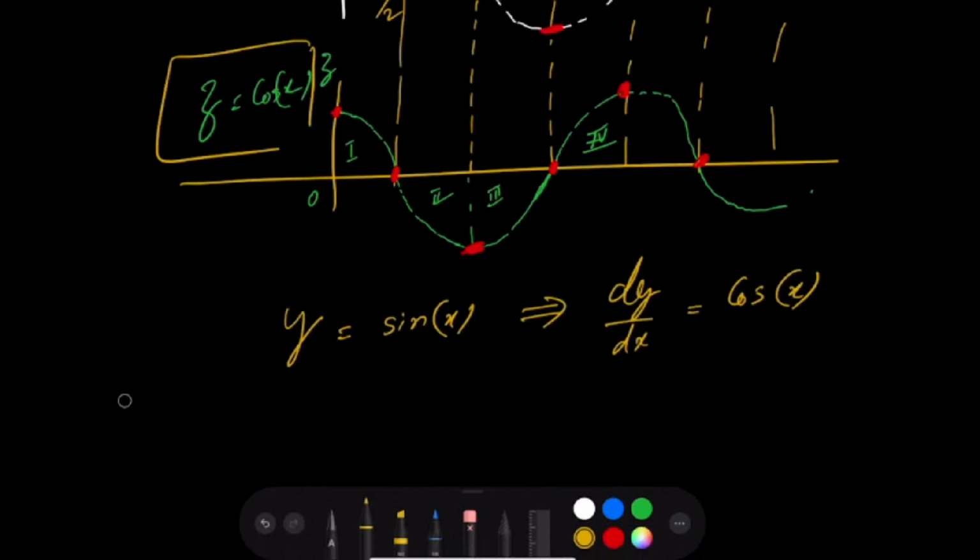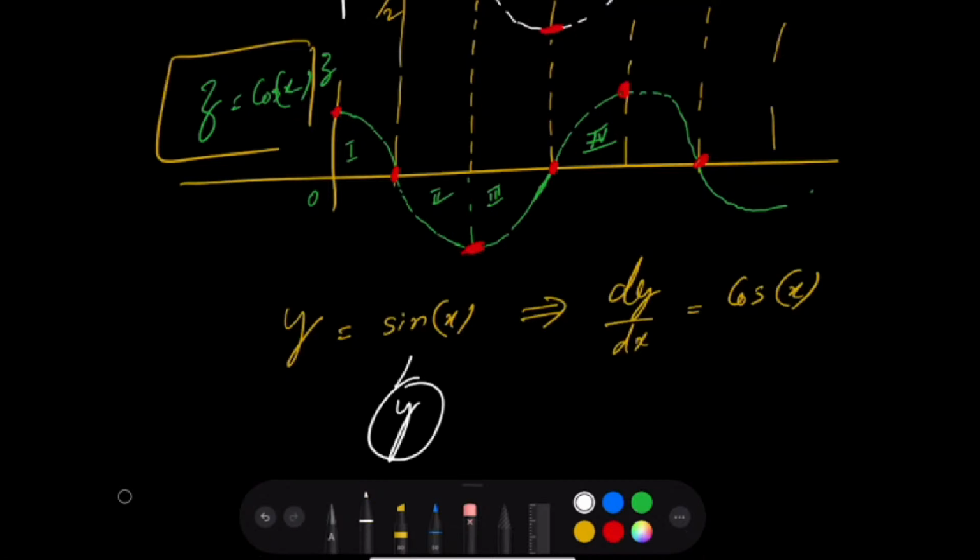So let y equal sin x. Then let z be equal to cos x.